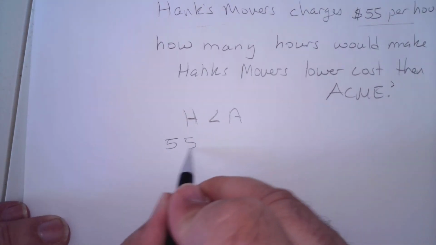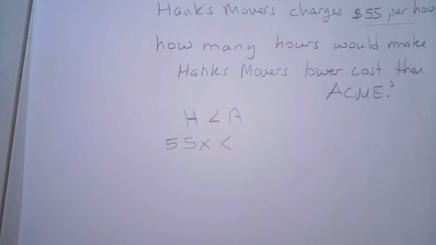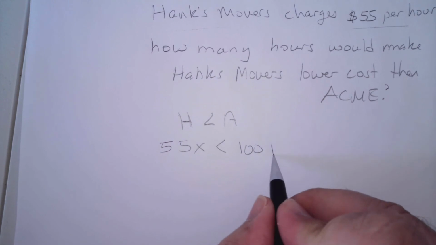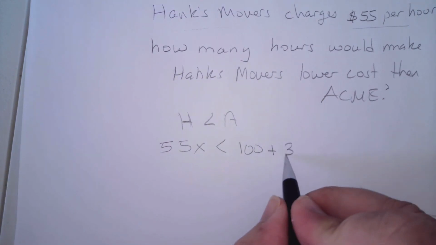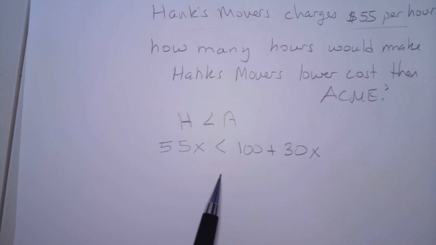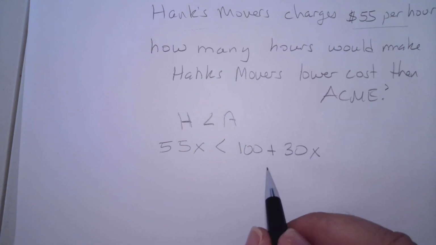So it's 55x, let's call x the number of hours. Acme starts off with $100 plus $30 for every hour. Let's see at what point, up to what point Hanks is cheaper.